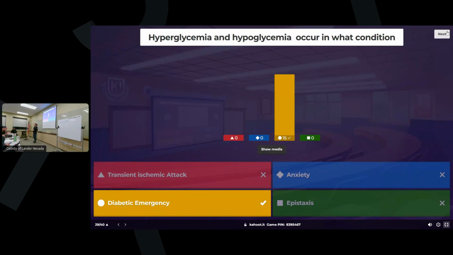Ischemia means what? Lack of blood to the tissues, right? So lack of blood to the tissues that comes and goes. It's a mini stroke. It's a stroke whose symptoms go away within 24 hours of the initial onset.